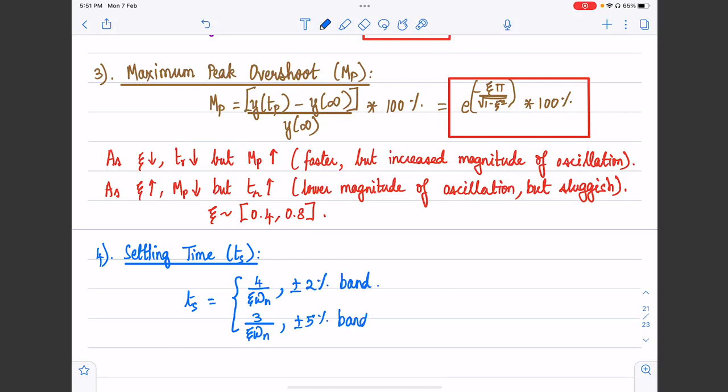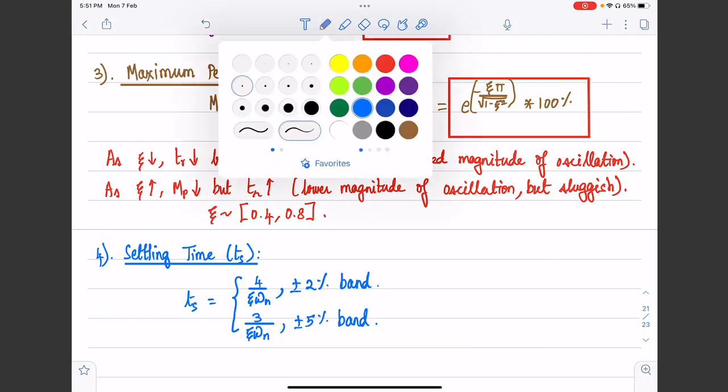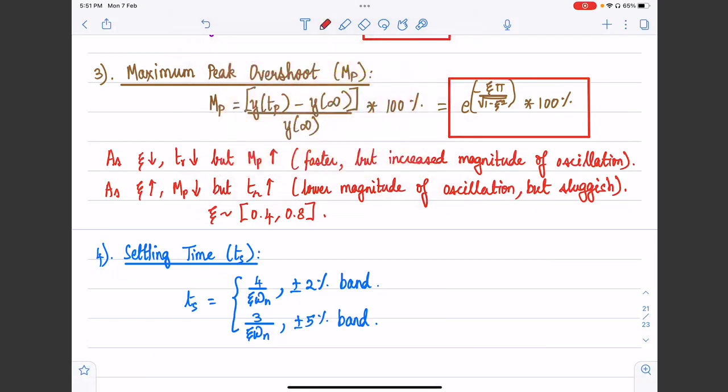So this is the difference. I hope it is clear how we got the settling time. Of course, I'm leaving this expression derivation as an exercise for you, but these are the formulae. As I keep mentioning, by default we will consider the plus or minus 2% band, unless otherwise explicitly stated.